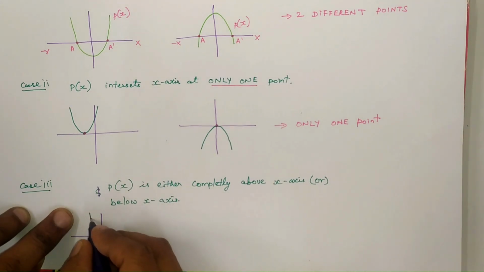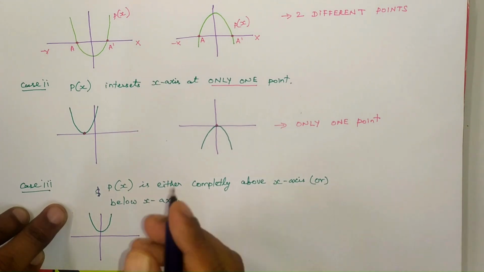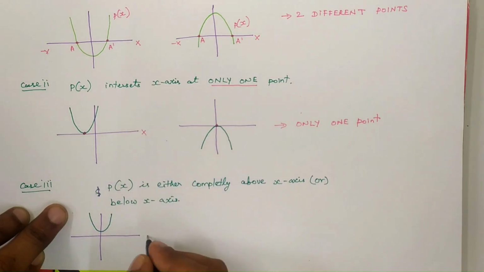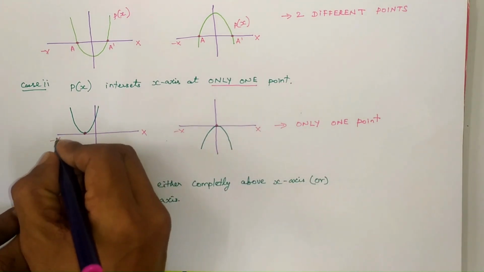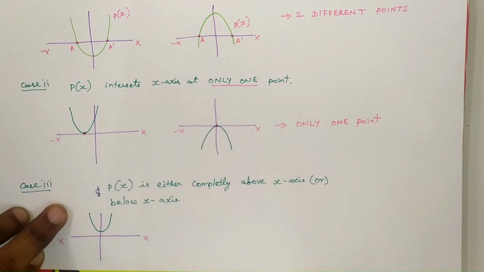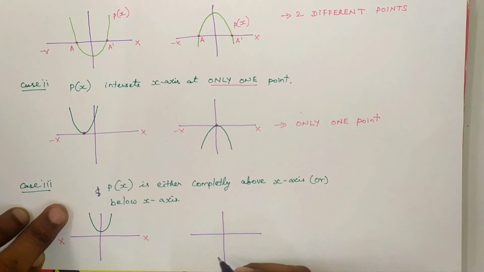If it is completely above the x-axis, it is like this. It is not intersecting the x-axis. So our x-axis is here. It is not intersecting the x-axis, or it can be below also. It can be below like this. Here also it is not intersecting the x-axis at any point.